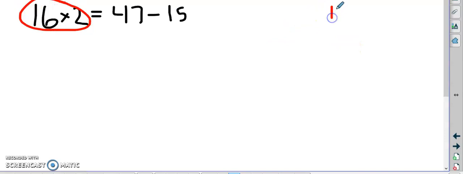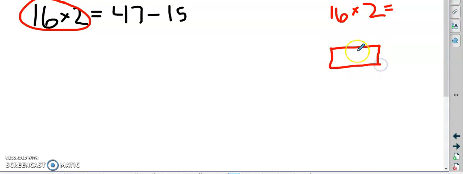So we have 16 times 2, and to show work for that, of course, we can do our box method, and this one ends up being a pretty easy box. So 16 breaks into 10 and 6 and our 2. So our 2 times 10 equals 20.